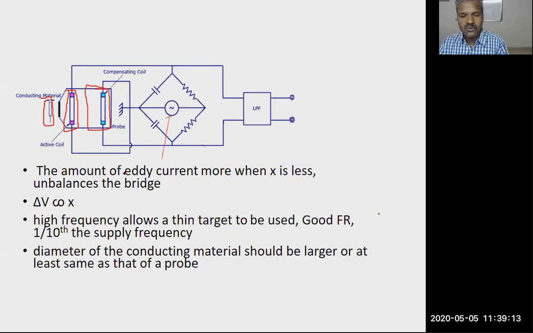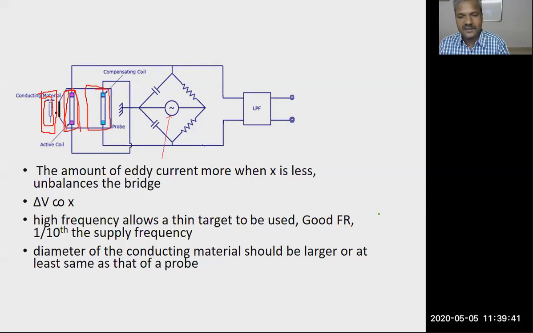Okay, the amount of eddy current is more when X is less. So when the displacement between the conductive material and the active coil is less, then we get more eddy current. When X is large, the eddy current will be very small.